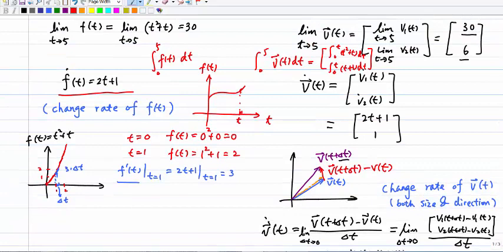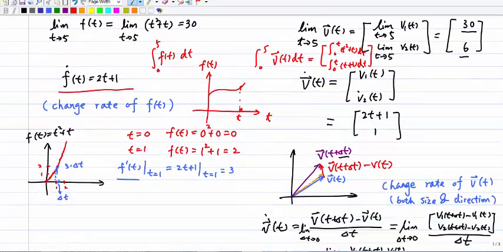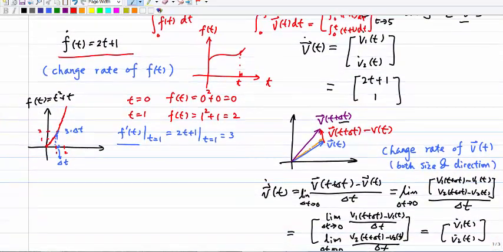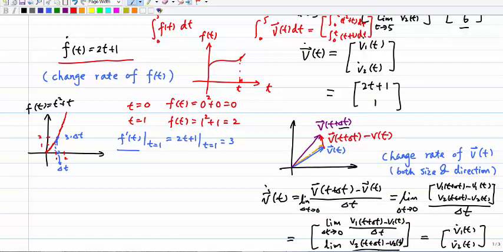So I give an example over here showing what that means in terms of derivative. Similarly, for the vector, we also have some physical meaning, a little bit different from the scalar one. The derivative of v(t) with respect to t is given by v(t plus delta t) minus v(t), divided by delta t, where delta t is a pretty small number. It characterizes the change rate of v(t).